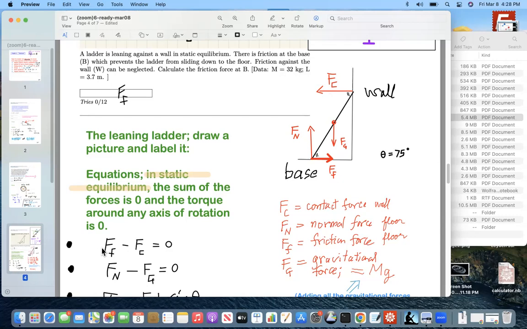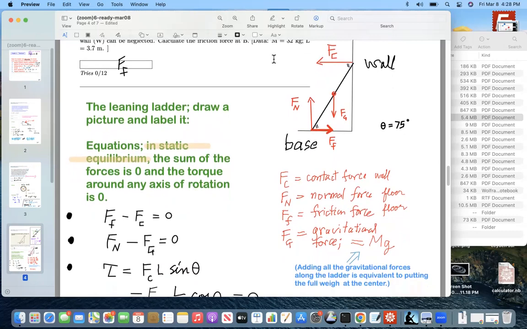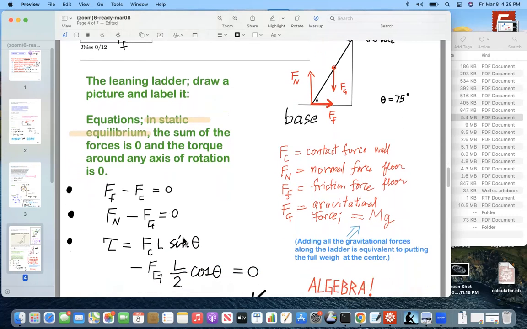So F sub f minus F sub c is 0, where F sub c points in the other direction. So that's where the minus sign comes from. Now, as for the vertical forces, I have Fn up and Fg down. So I have F sub n minus F sub g is 0. The net force is 0. So there are the net forces in the two directions.